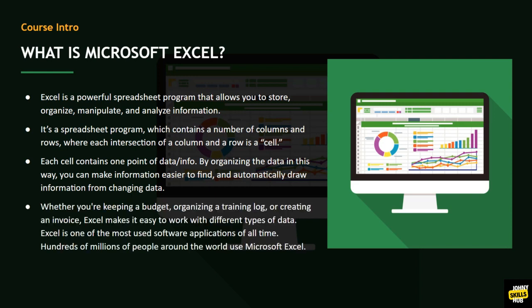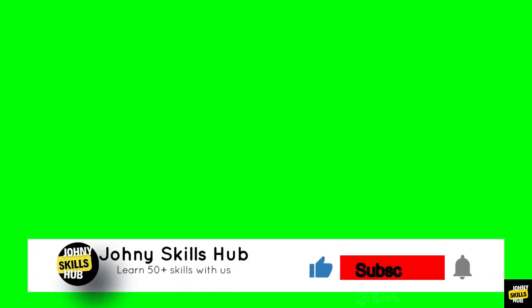And then whether you're keeping a budget, organizing a training log, or creating an invoice, Excel makes it easy to work with different types of data, right? We just went over the example of a personal budget where you are looking to find out how much you've spent within a given month, where that spending is coming from, how much you spent within each category, and then all together as a total.